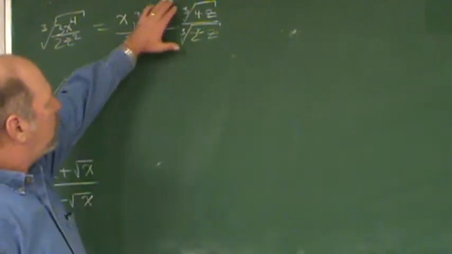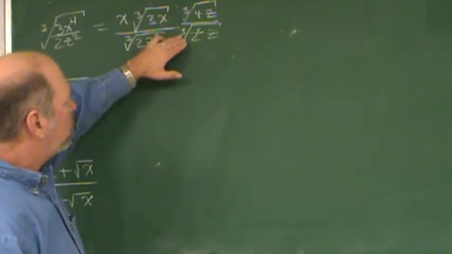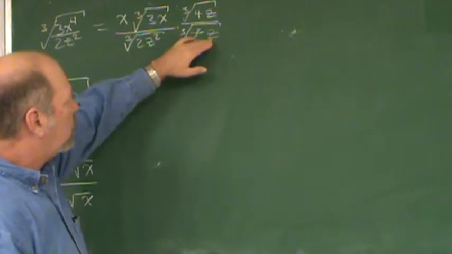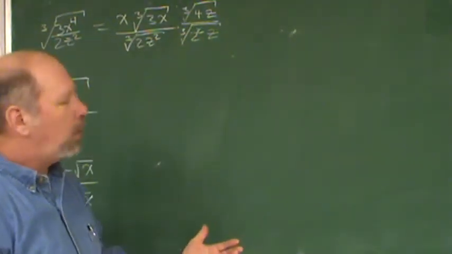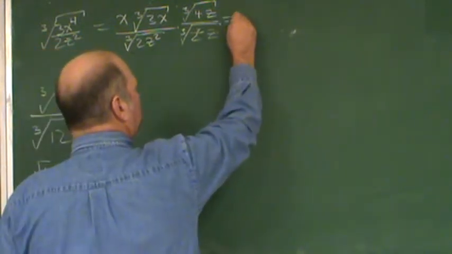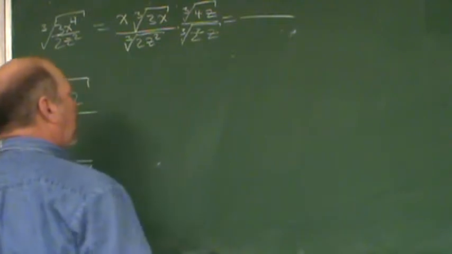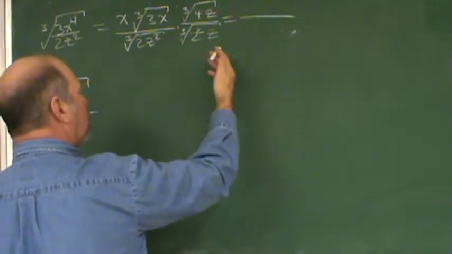Keep in mind that this whole thing right here, the cube root of 4z over the cube root of 2 squared, which is 4 times z, is really just 1. All we're really doing here is multiplying by 1. Now when I do that multiplication, I've got a nice little shortcut on the bottom because I have a cube root, and the whole purpose of doing this is to make the radical go away.